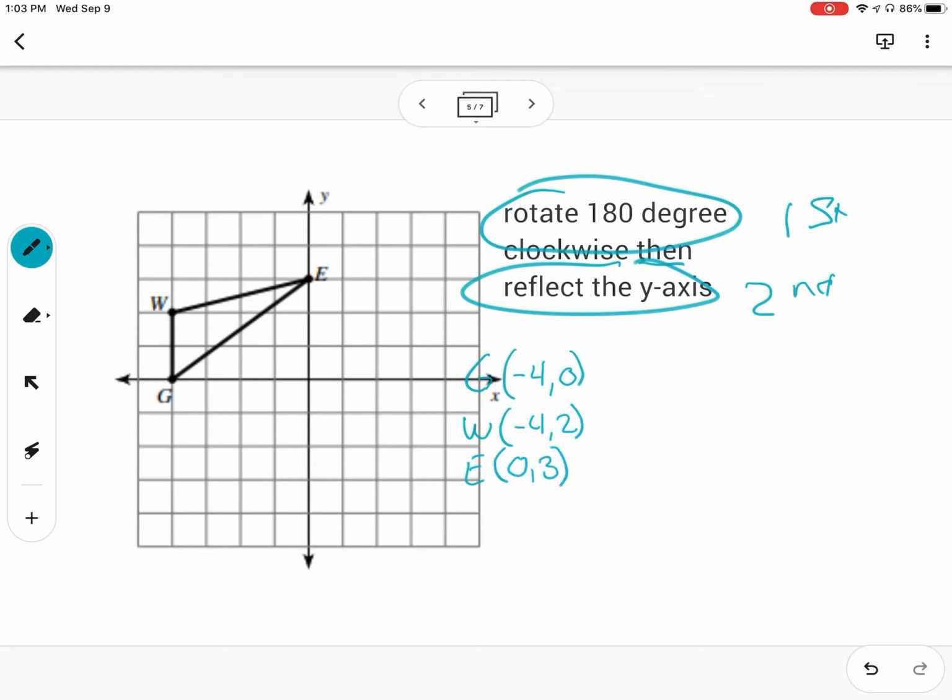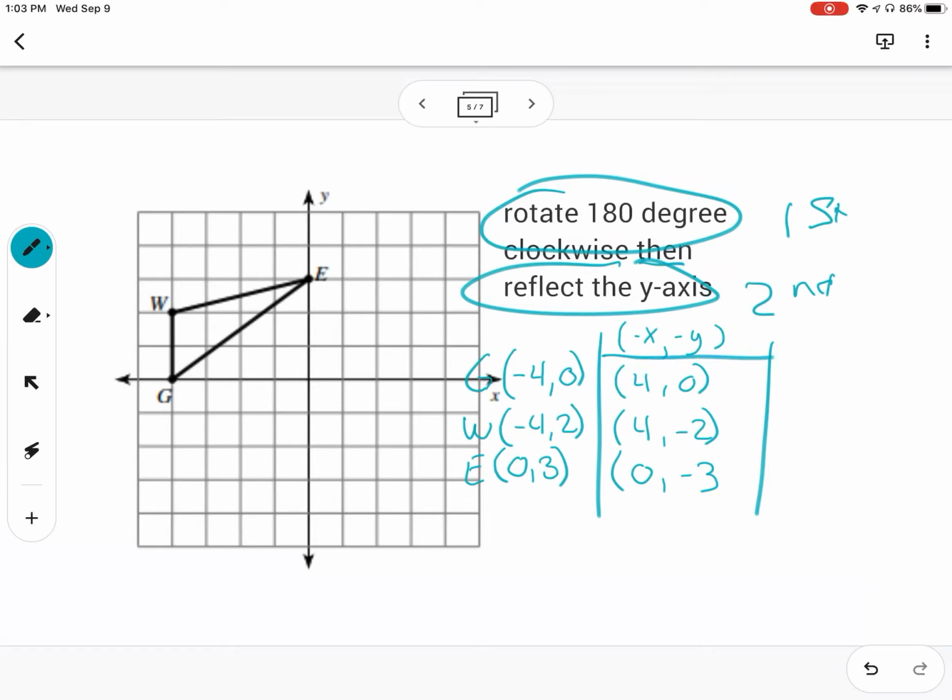And I have E at 0, 3. So we're going to do 2 of them. The first thing, we're going to rotate 180 degrees clockwise. So looking back at the notes, I see that the formula for that says to do negative x, negative y. So we'll do that first. So negative x, negative y would be 4, 0, 4, negative 2, and 0, negative 3.